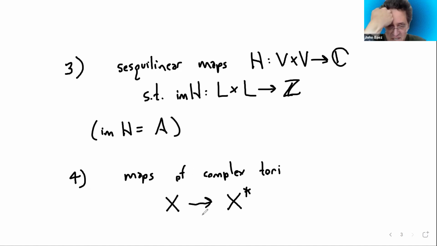But it is supposed to be ultimately the same, and so it winds up not looking so different after all. But part of what was is just like, what's this dual torus?